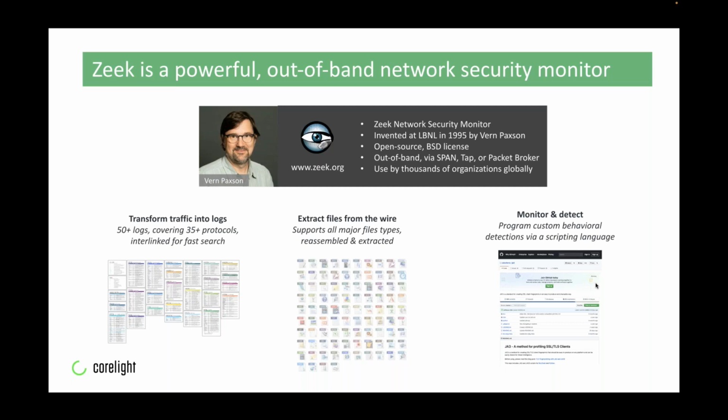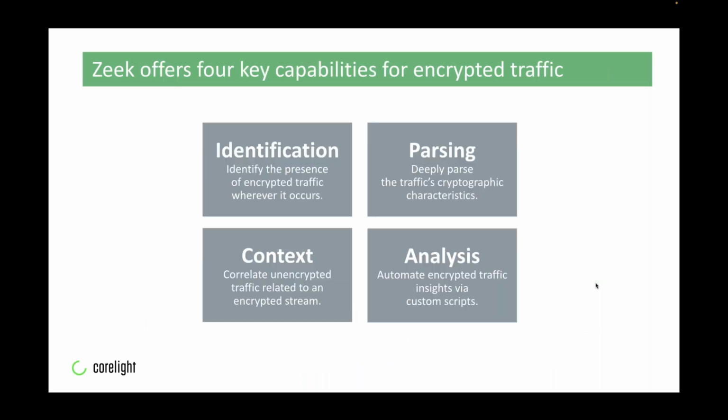And then there is monitoring and detecting, which is probably what most of our customers do, and that's what we will be getting further into today. So you can have custom behavioral detections via a complete scripting language that's provided with Zeek that allows you to do full signature-based detections.